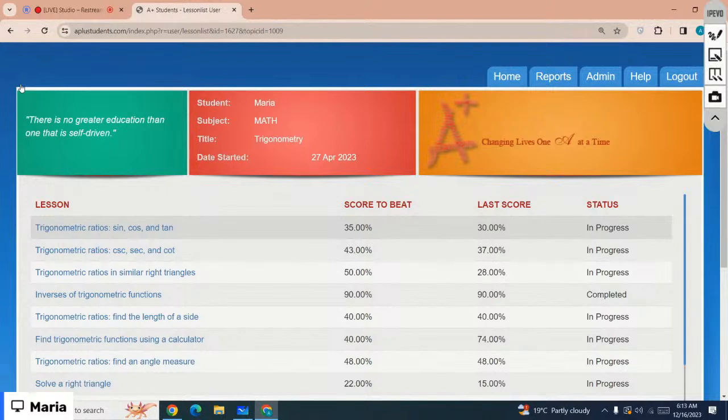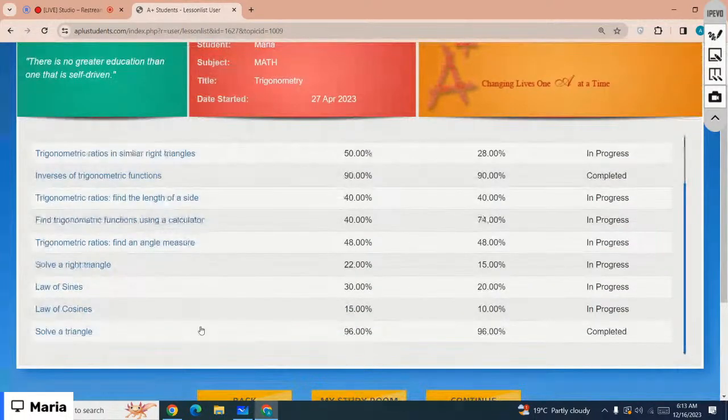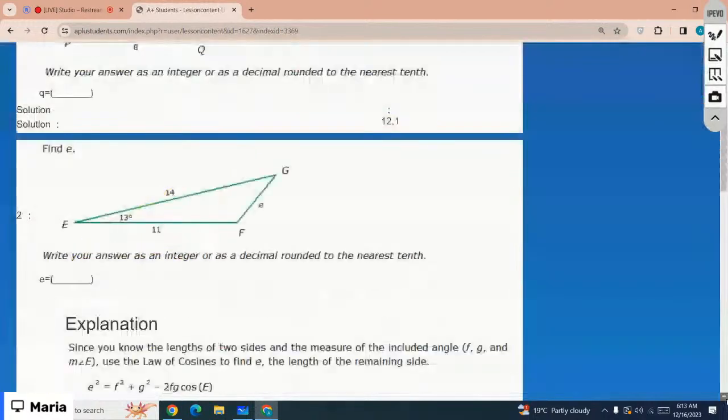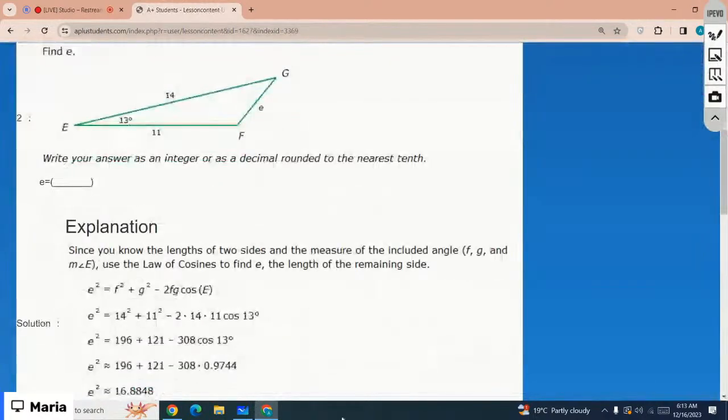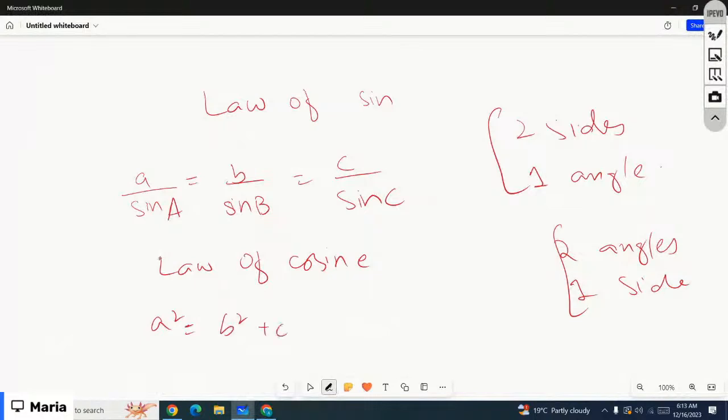Okay, let's just start with the next one, that is law of cosine. Law of cosine, that is a square equals b square plus c square minus 2bc cos of angle a, right?